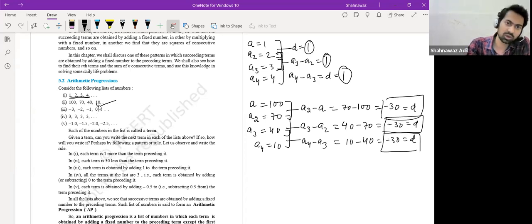So is this an AP or not? Yes. Right, Talha? This is an AP. You guys tell me about this third question. Rizwan, tell me about this third question. A equals minus 3. Yes, this is an AP.